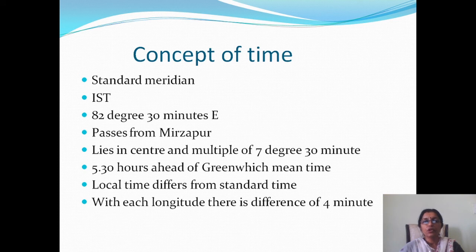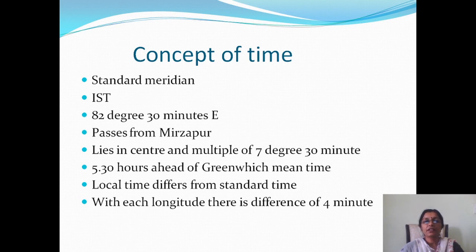If we move to the east of any longitude, time will increase by 4 minutes. If we move to the west of any longitude, time will decrease by 4 minutes. This is simple. In the previous slide, you have seen that the longitudinal extent of India is 68 degrees 7 minute east to 97 degree 25 minute east. The difference between 68 and 97 is almost 29 degree.